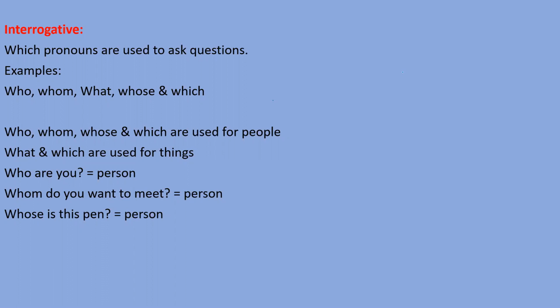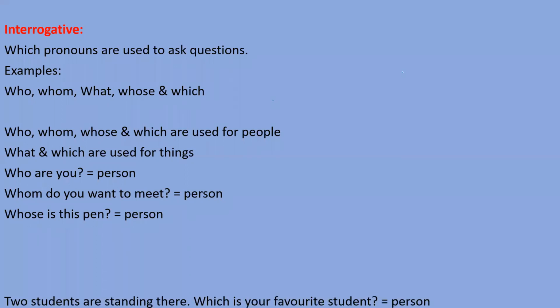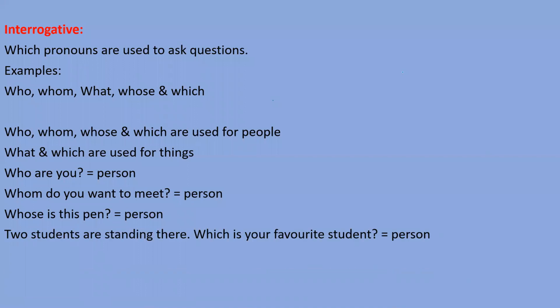So again we are talking about a person, so "whose" we can also use for a person. Next, two students are standing there. Which is your favorite student? Which word have we used for the student? That is a living being, so we are talking about a person. Simply, we have understood here that who, whom, whose, which, these four interrogative pronouns, can be used for people.